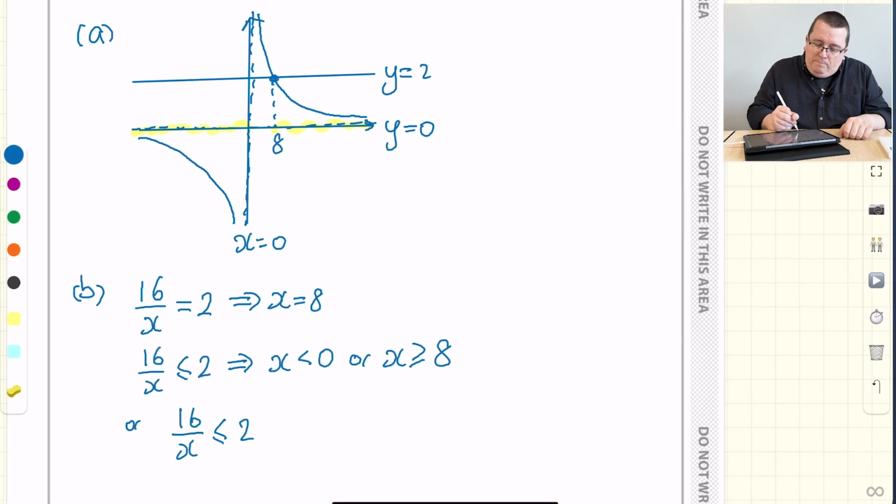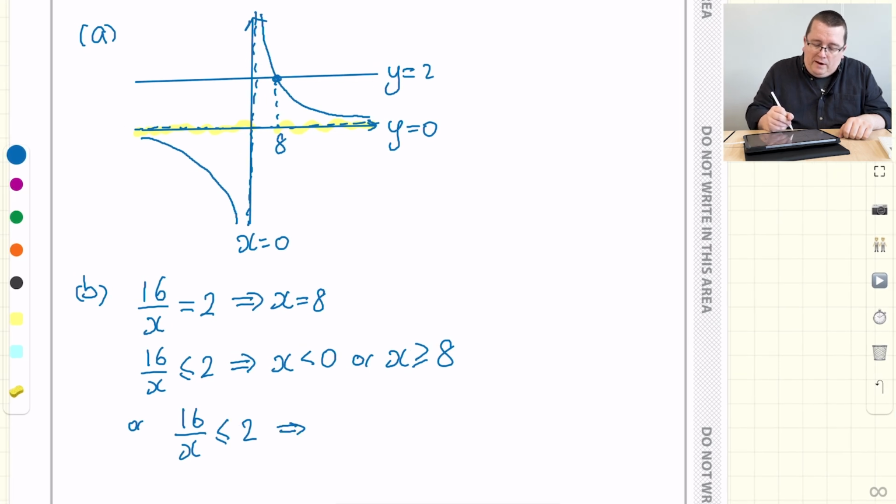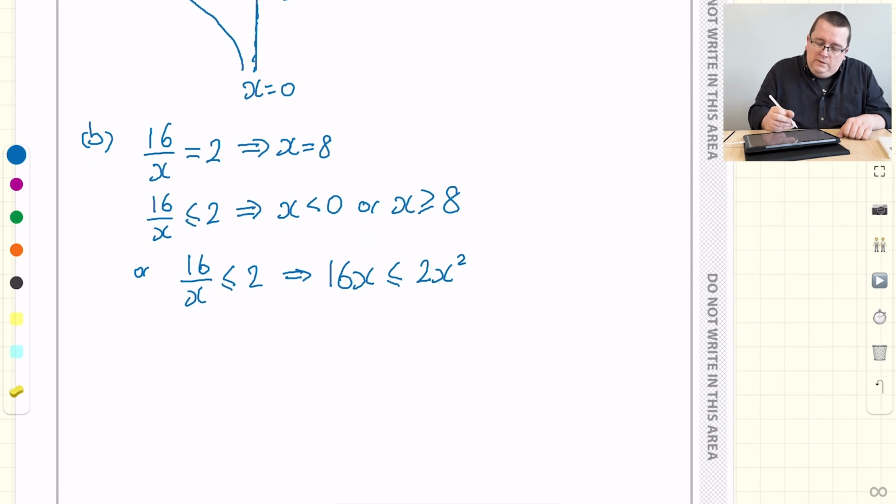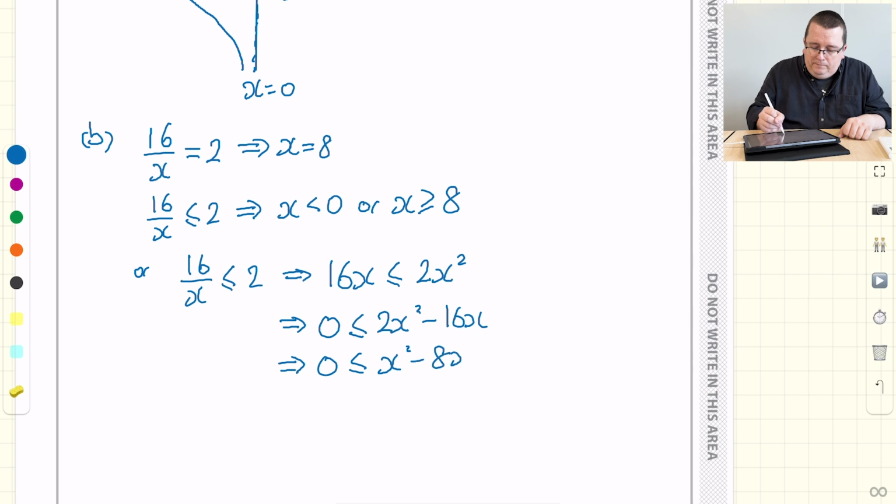So if you multiply both sides by x squared, you get 16x is less than or equal to 2x squared. Okay, let's move everything onto the right-hand side and then divide through by 2. And then factorize.